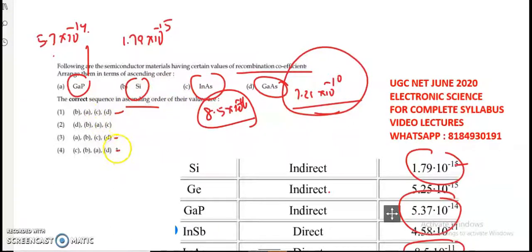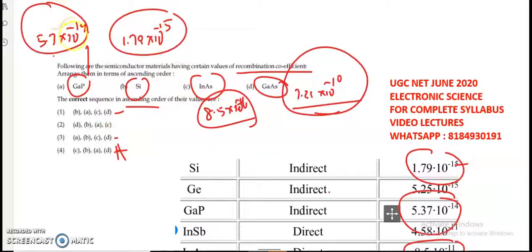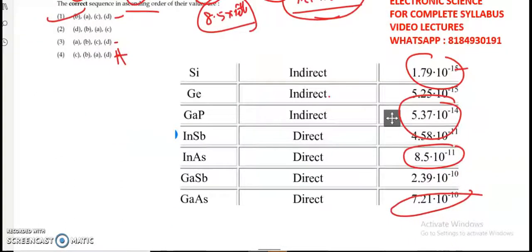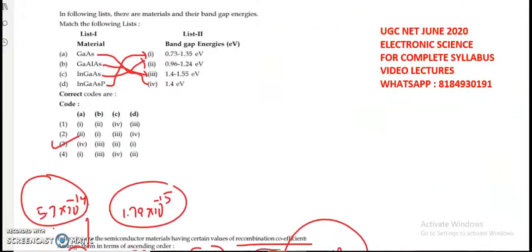So this option will go out, leaving both 1 and 3. If you compare these two, which one is the highest? 5.3 into 10 power minus 14 is the higher one, so option A. So the first one is the correct answer to this one. You have to remember the recombination coefficients and band gap energies of these materials.